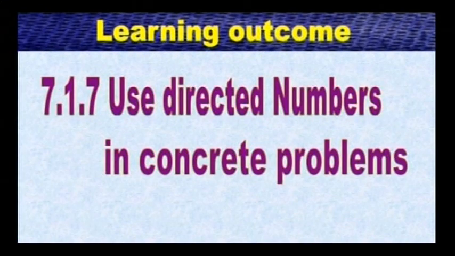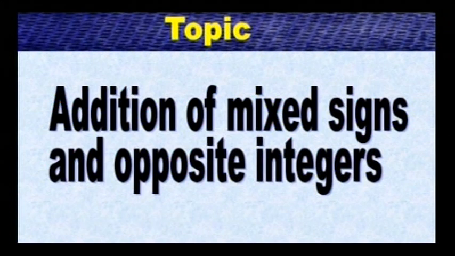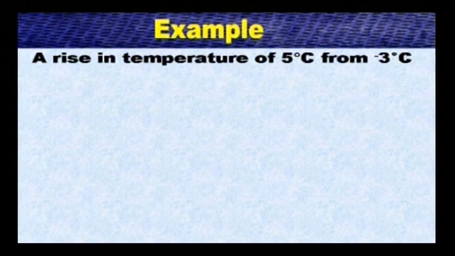Our lesson topic for today is addition of mixed signs and opposite integers. I have an example on the screen: a rise in temperature of 5 degrees Celsius from -3 degrees Celsius.